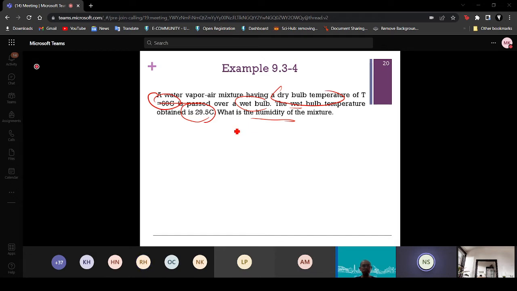Okay, in this case, to find the wet bulb, it is like the first case where you find the humidity: you have a dryer, and incoming air at 60 degrees Celsius, and at the wet bulb they tell you 29.5.